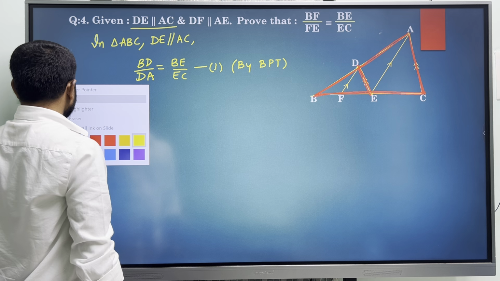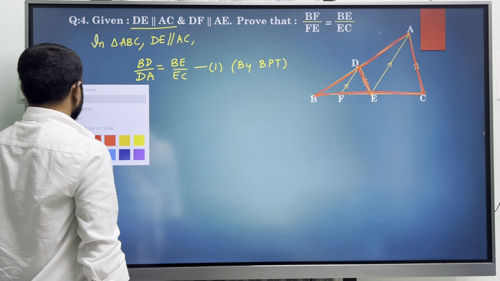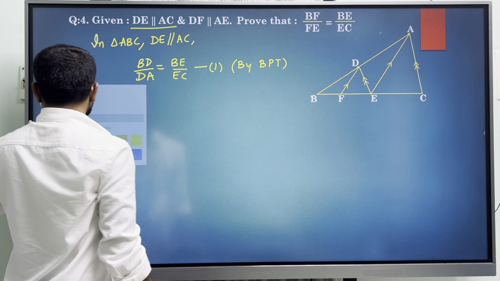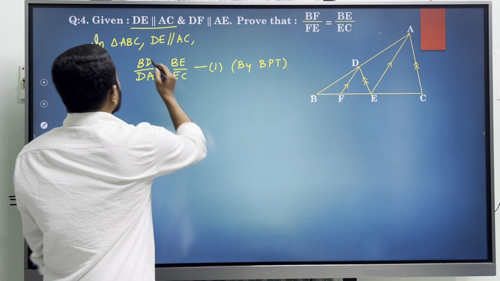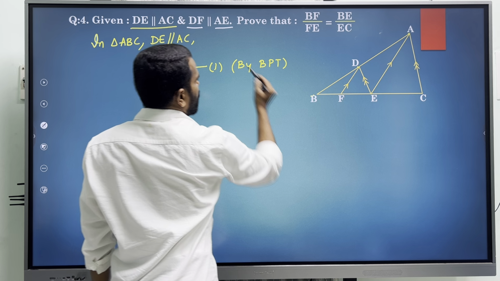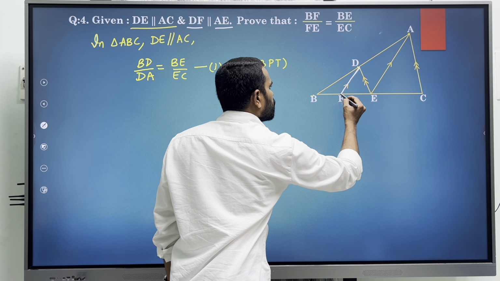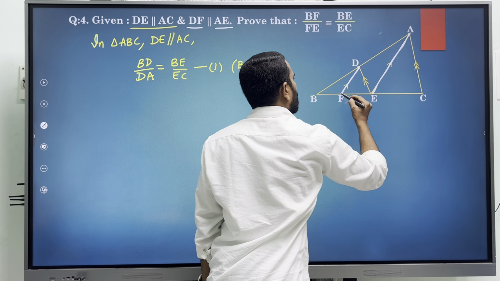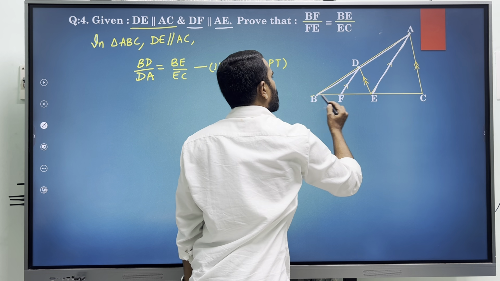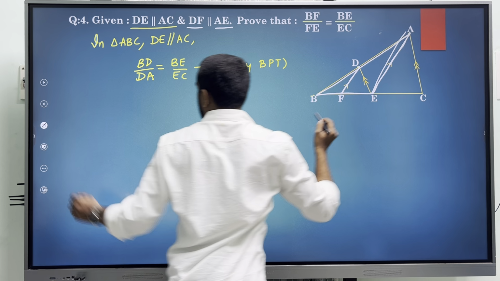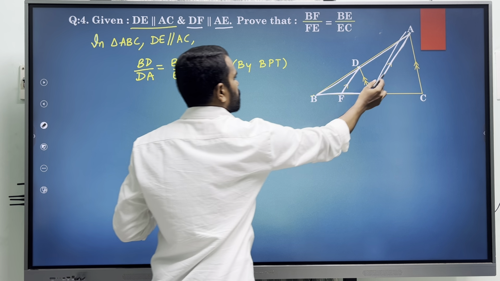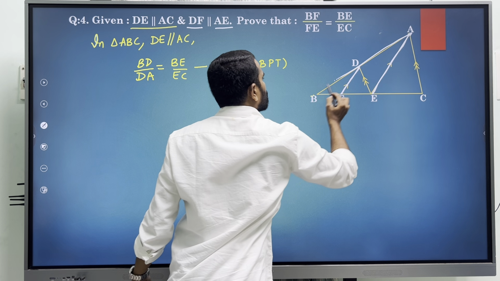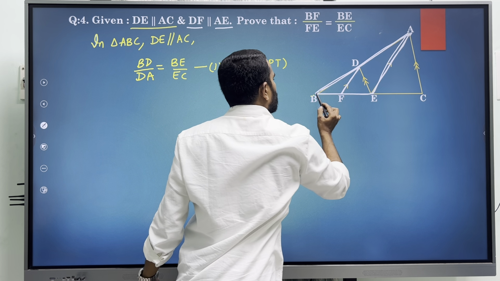The next part, see here, DF is parallel to AE, right? So these two sides are parallel, so let us take this triangle ABE.